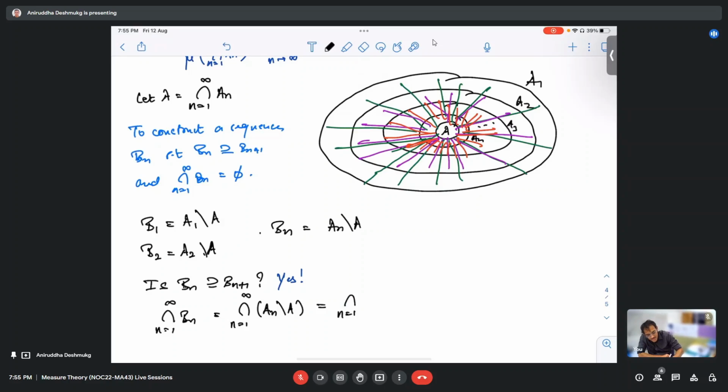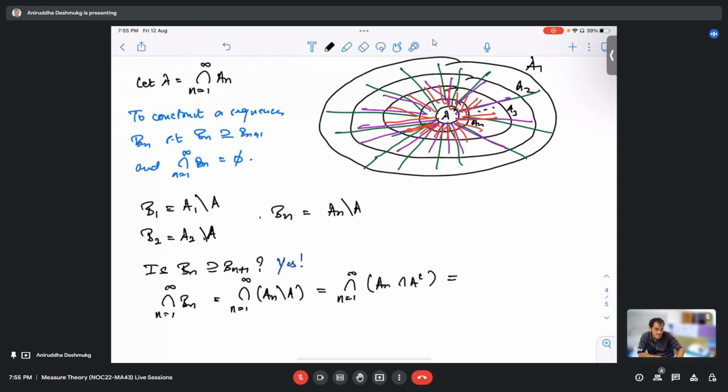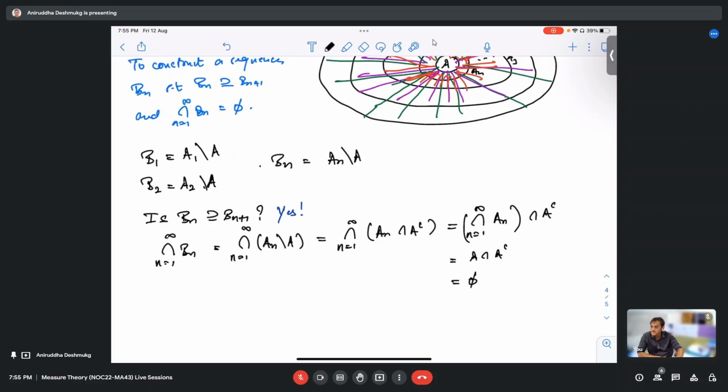So this is intersection n from 1 to infinity, A n and intersection A complement. But intersections have a nice property of associativity. So I can write this as intersection n from 1 to infinity A n, intersection with A complement. But this is A intersection A complement, which is empty, right? Do you agree?